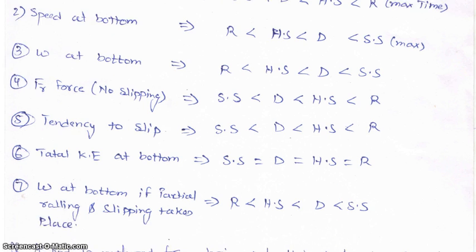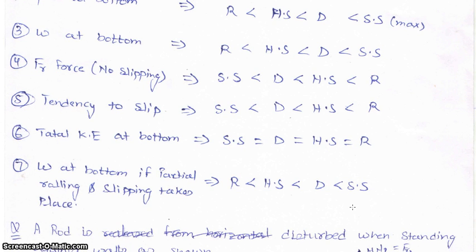Omega at the bottom, if partial rolling and slipping takes place, it's a very important question. If partial rolling and slipping takes place, as it is slipping, the force of friction will be the same, mu mg cos theta in all the cases, and torque about CM will also be the same, which is mu mg cos theta into r.